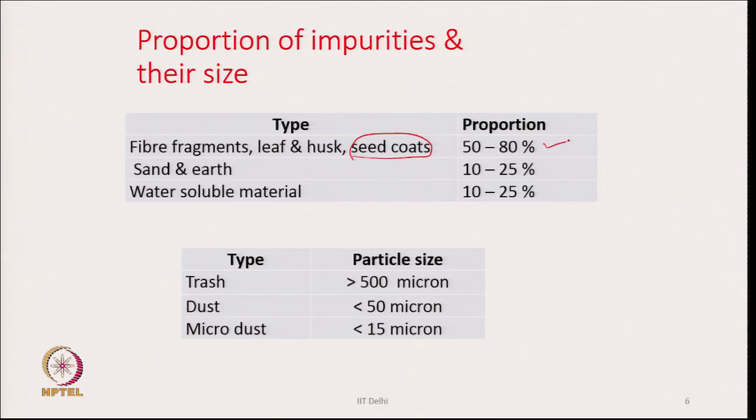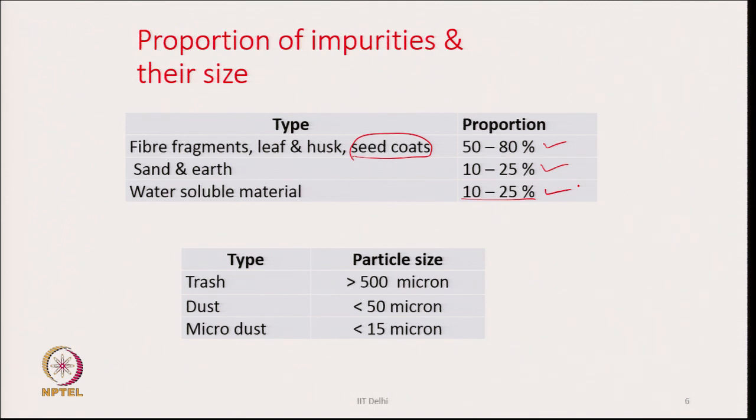These are known as seed coats. This is also vegetable matter in a way. So, this quantity, as we have discussed earlier, is 50 to 80%, sand and earth we have also seen in the previous slide, 10 to 25%, and there could be some water soluble material which is 10 to 25%.